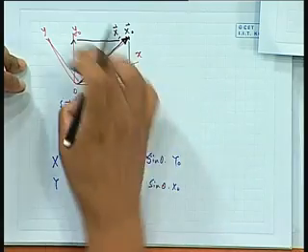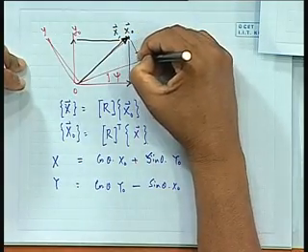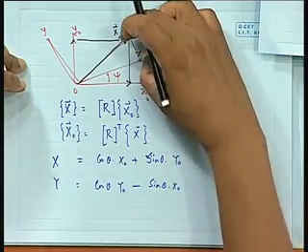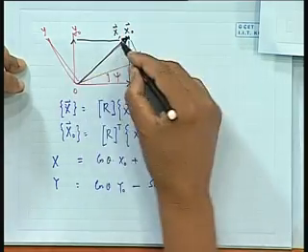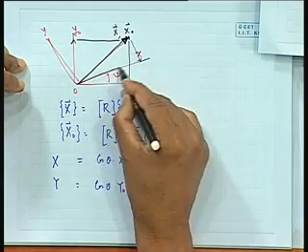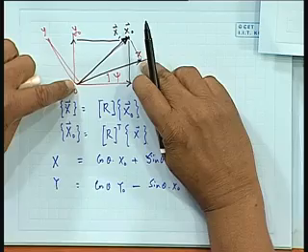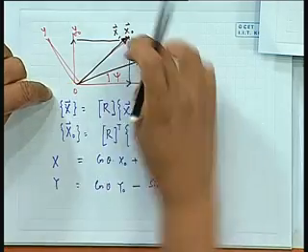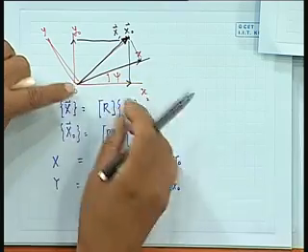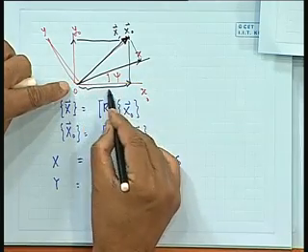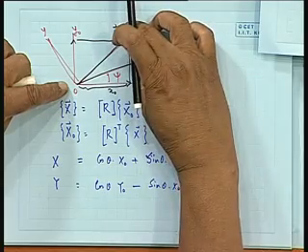When I express it in the other coordinate system, this distance becomes my y and this distance becomes my x. So this is my x0, this is my y0, this is my x, this is my y.